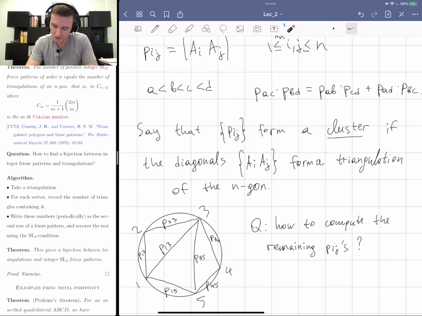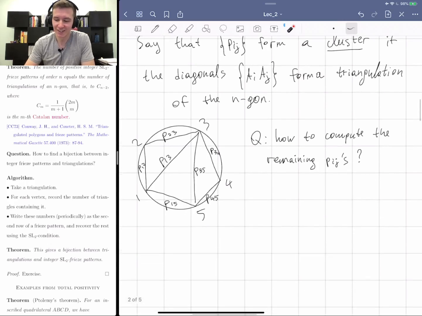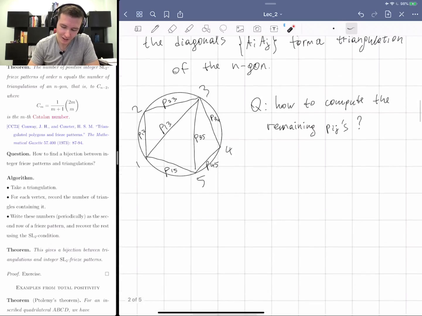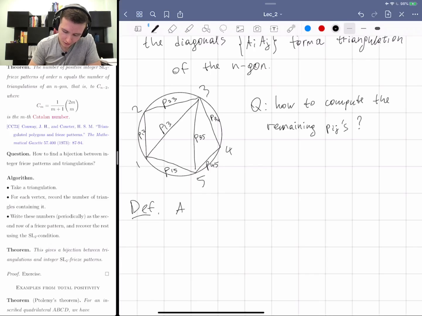So my actual question is how do I compute the remaining Pij's using this relation here? Yeah, thank you, that is correct. Let me introduce an operation. Usually it's called a flip of a triangulation.